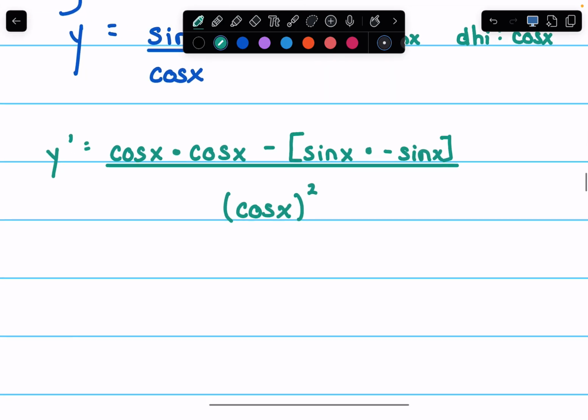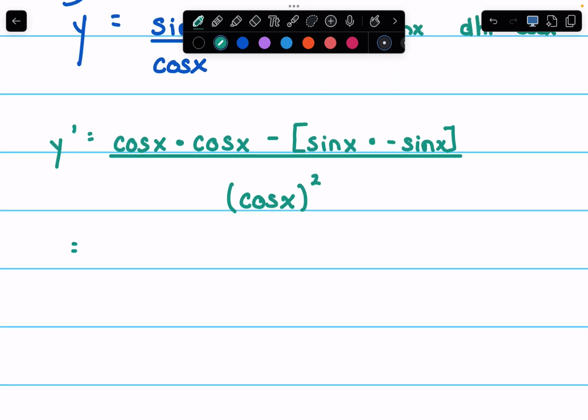Okay, so we're going to clean up a little bit. That's cosine squared, and this would give you minus sine squared. And then you would distribute that negative, right? So we would get plus sine squared.